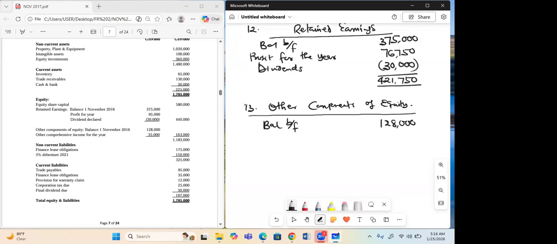Then we made OCI for the year. OCI for the year, what did we get? 43,000.